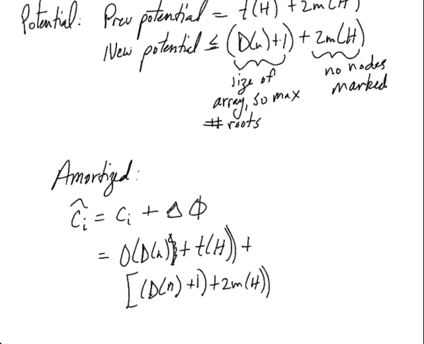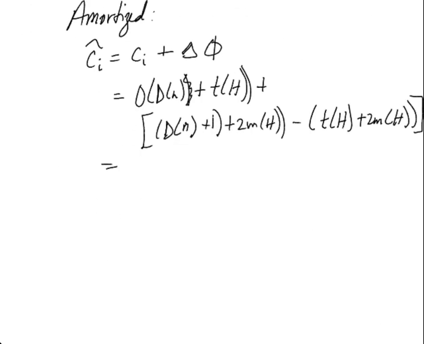So that's our new potential here, minus our previous potential, t of h plus 2 m of h. That's equal to order d of n plus order t of h minus t of h.